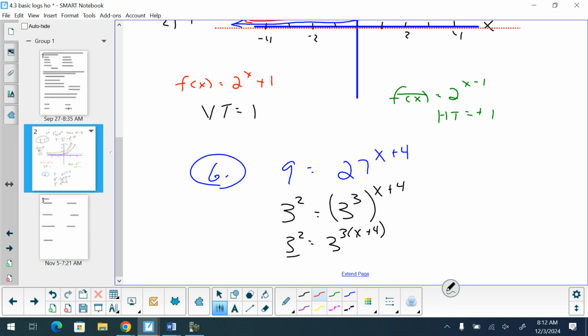So if we have like bases, exponents must be equal. So 2 is equal to 3 times x plus 4. That gives us an equation that we can now solve for x. Once again, you have to go back to your properties of exponents from Algebra 1, Algebra 2, all those that you learned back then, you're now applying them.